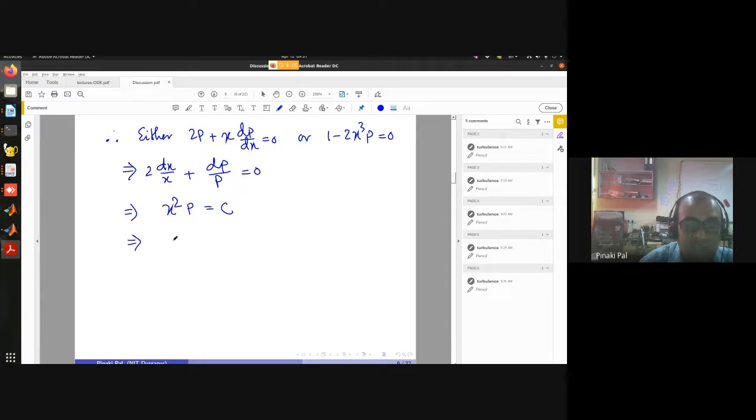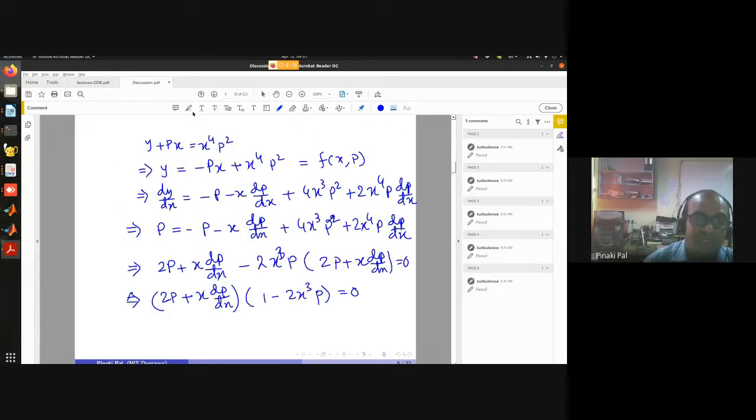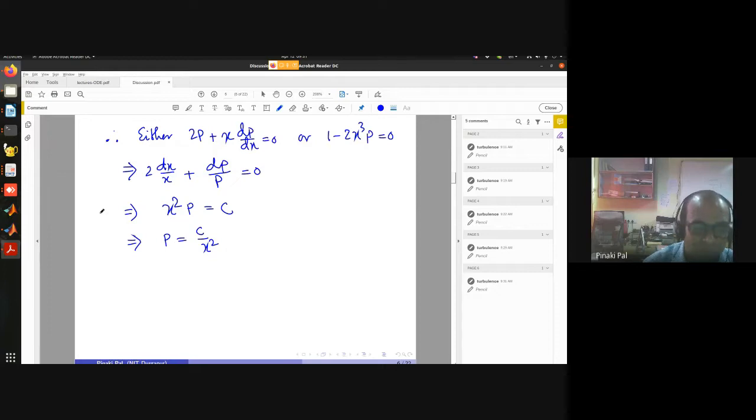This gives p equal to c by x squared. So in the original differential equation, y plus px is equal to x to the power 4 p squared. Here we will substitute.